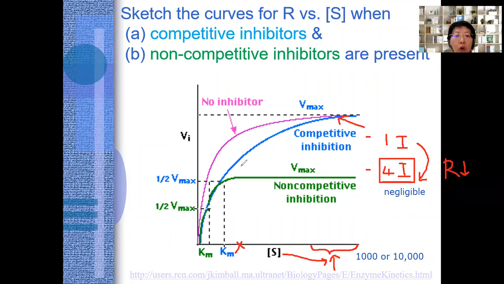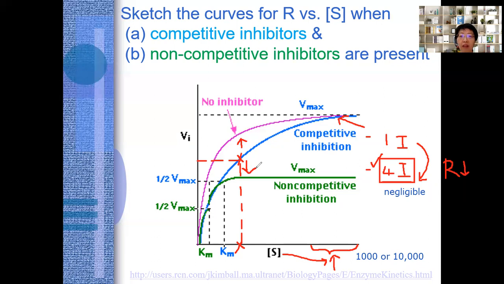So over here, my blue color line is here, this point. At this concentration of substrate, my rate of reaction is over here, correct? But now, when I use 4 inhibitors, I expect my rate to be lower for the same substrate concentration, right? So if the rate is lower, should it be located up here or down here? Up or down? Chu Jiaying?